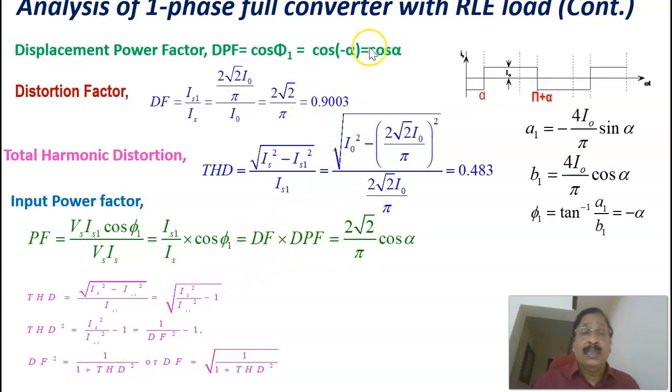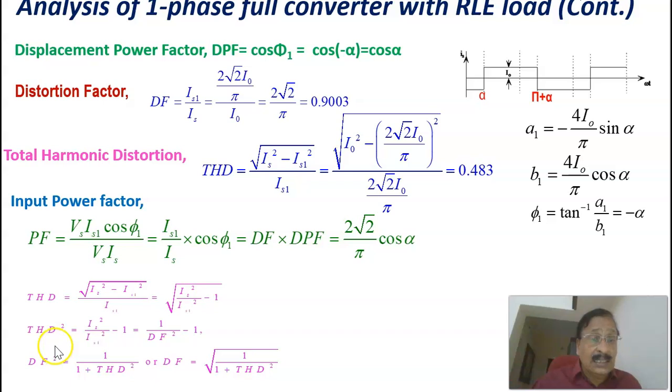If you substitute here, it is equal to 2 root 2 divided by pi into cos alpha. And the total harmonic distortion can also be written as the square root of Is squared minus Is1 squared, divided by Is1, which we can reduce further to get the total harmonic distortion.